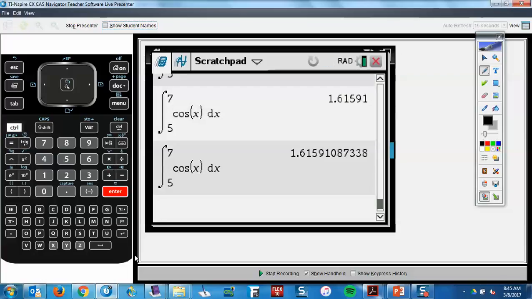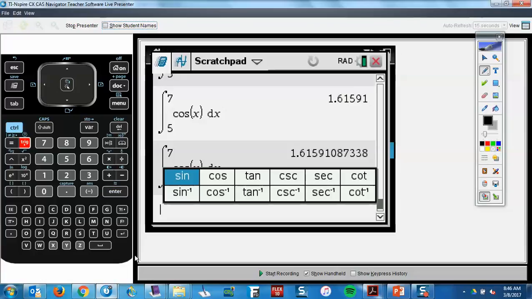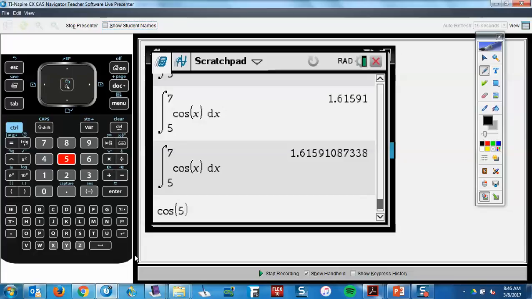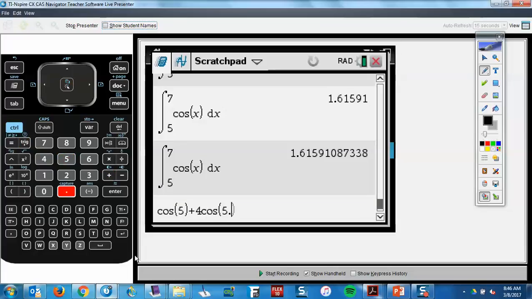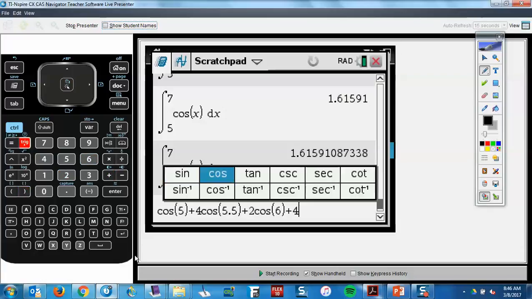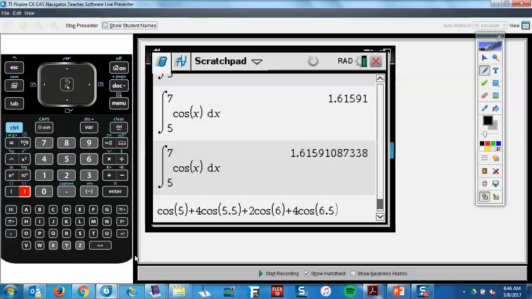Okay, now what do we have? We had 1/6 out in front, so we'll divide by 6 at the end here. So just do cosine of 5 plus 4 cosine 5.5 plus 2 cosine 6 plus 4 cosine 6.5 plus cosine 7.